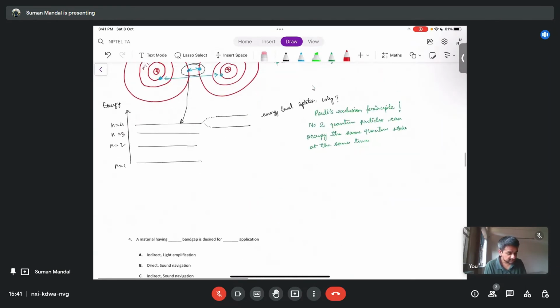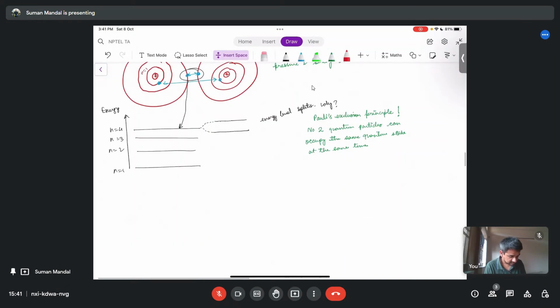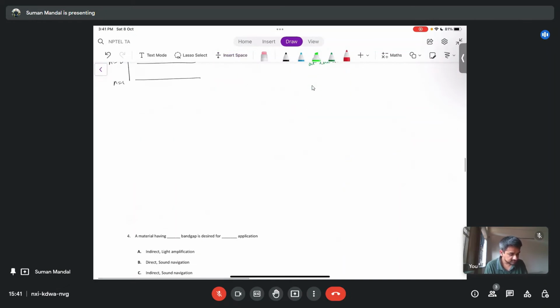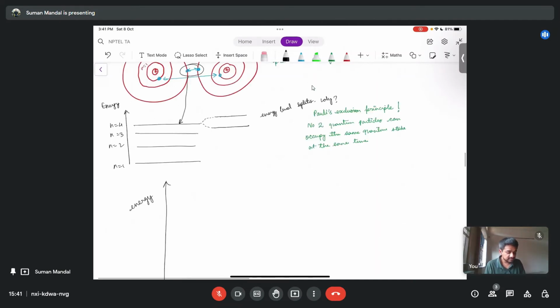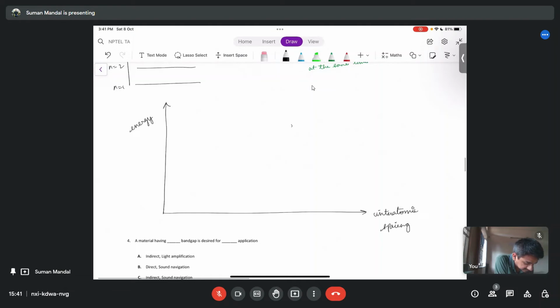So I'll draw the final result. If this is the interatomic spacing, and this is the energy, initially we had energy levels like this. We'll redraw them here.